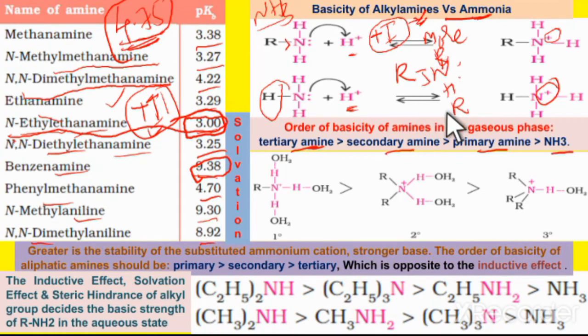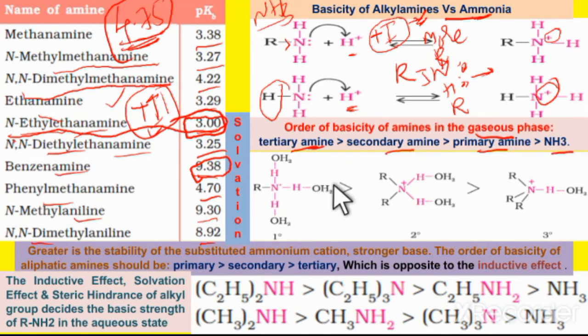As a result, the unshared pair of electrons is highly available for donation. In the secondary there are two donor groups, whereas the primary has only one donor group towards the nitrogen. So in the gaseous phase, tertiary amines are more basic than secondary amines, than primary amines, than ammonia.